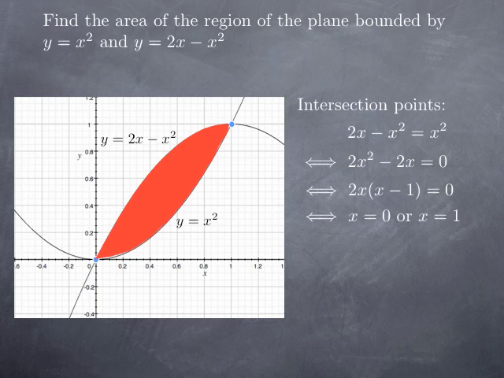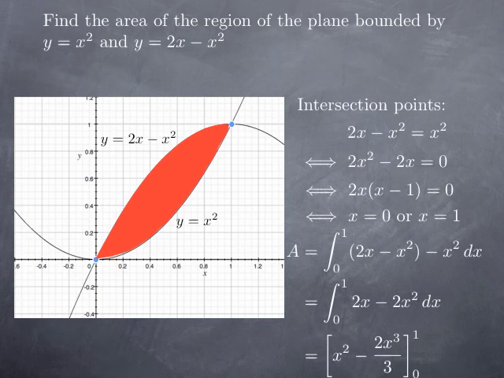In other words, we're going to write out this area as an integral where x ranges from 0 to 1, and we integrate the function on top, which is 2x minus x squared, minus the function at the bottom, which is x squared. So we integrate from 0 to 1, 2x minus x squared minus x squared, that is 2x minus 2x squared.